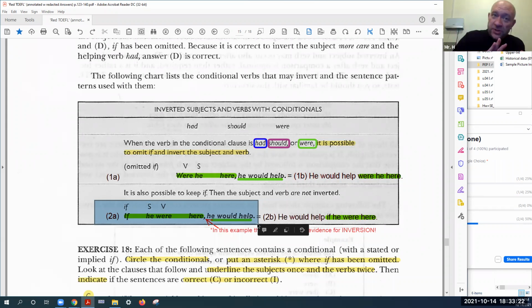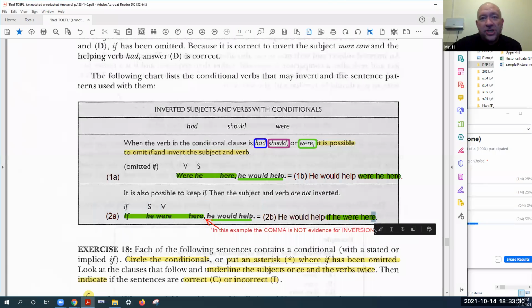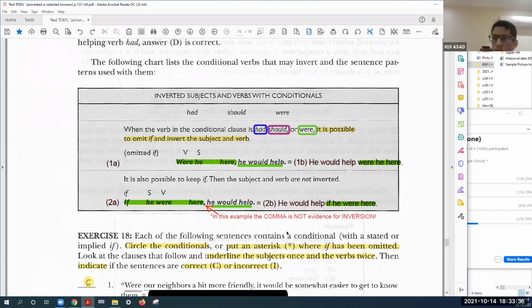They think when there's a comma, we do not invert. No, this is false. This is not true. There is no relationship with the comma, okay? There's no relationship with the comma.